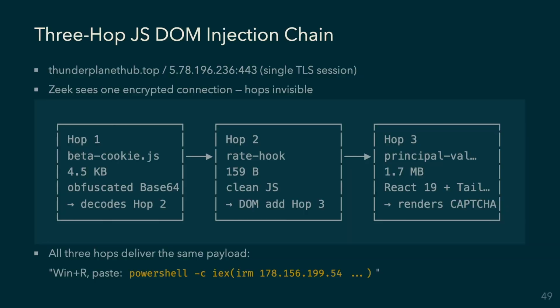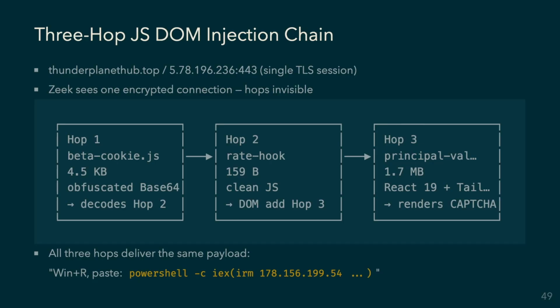And this is the web equivalent of a storefront with an open sign, but the door is locked and someone's yelling through the mail slot telling you what to do, which in this case is pasting a PowerShell malicious command inside your command shell. So according to the PCAP files, all 3 hops look like one single TLS session to thunderplanethub.top.